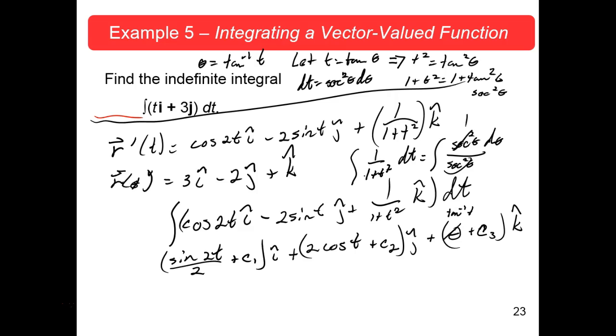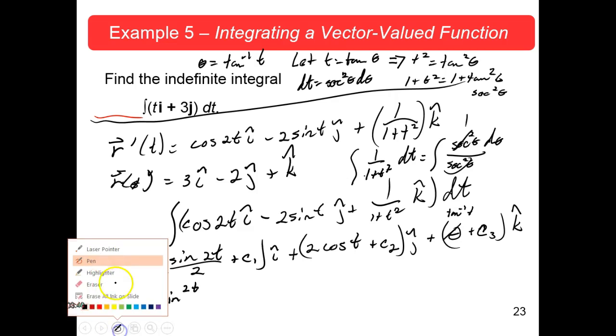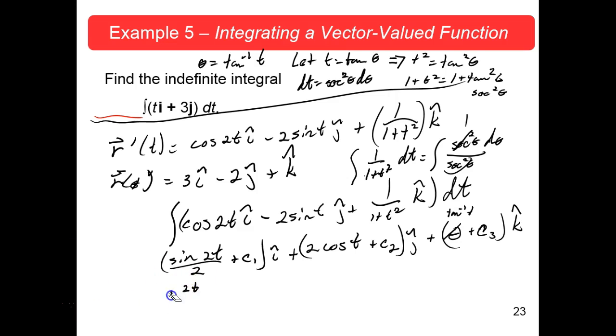Okay? So here's our final answer. Sine of 2t, yuck. I don't know where my writing is going here. Let me write this a little neater. Sine of 2t over 2 plus 3i.